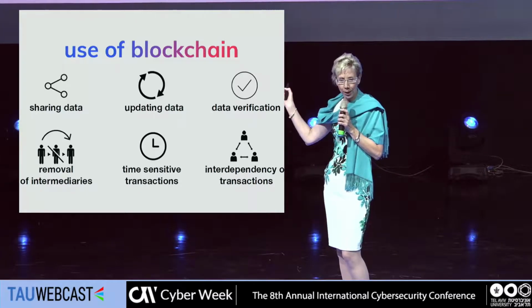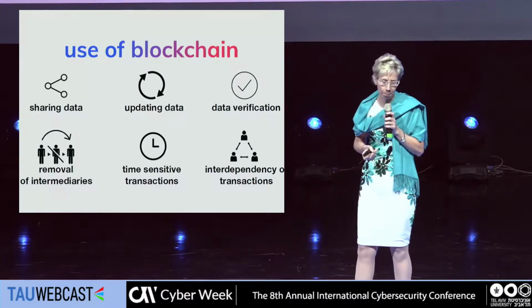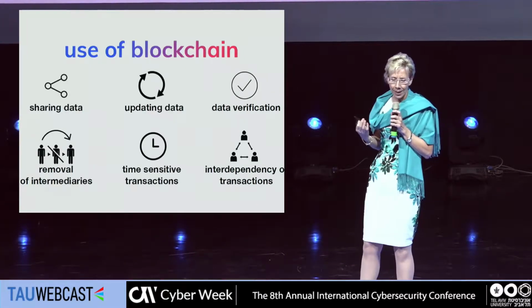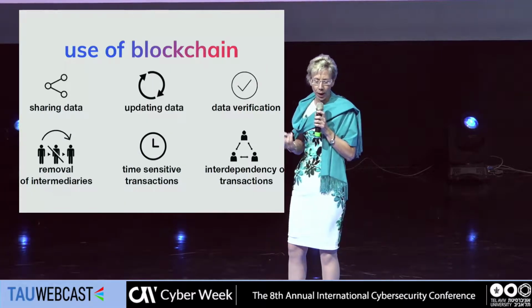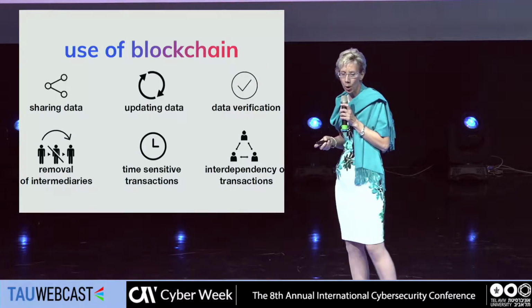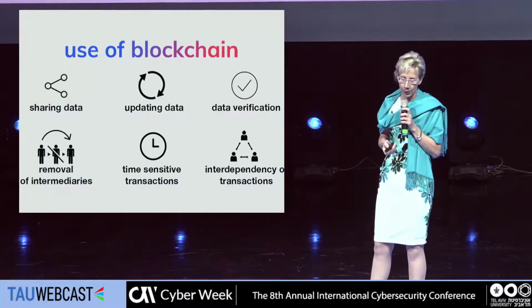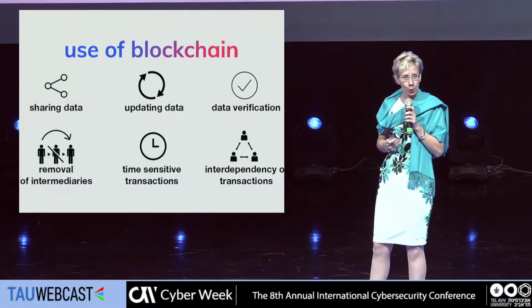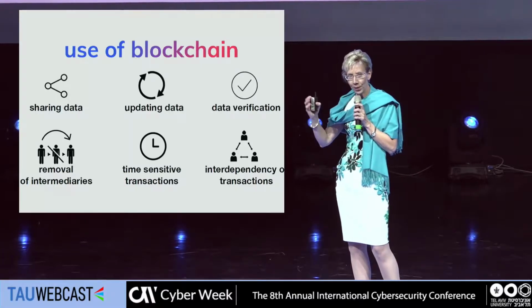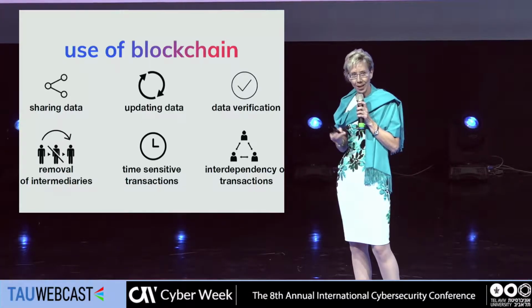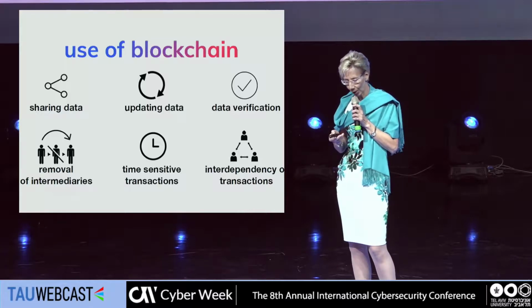Do you want to eliminate an intermediary? What about time-sensitive transactions? How do you want to behave among each other, the interdependency of transactions among the participants? If you can use this as a tick box and say yes, yes, yes, you should probably think about the process and how to implement the blockchain.